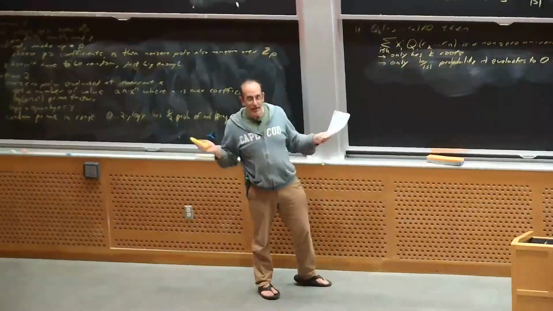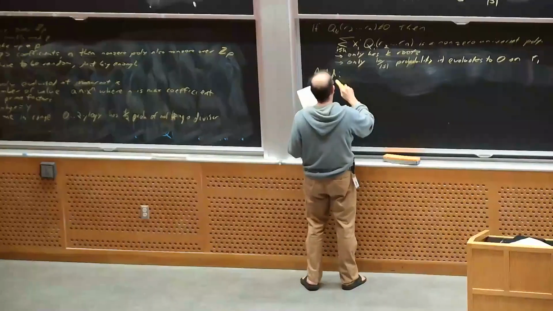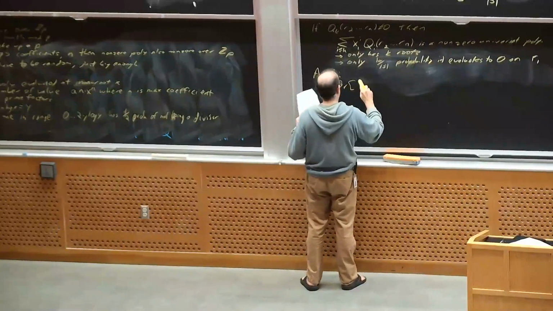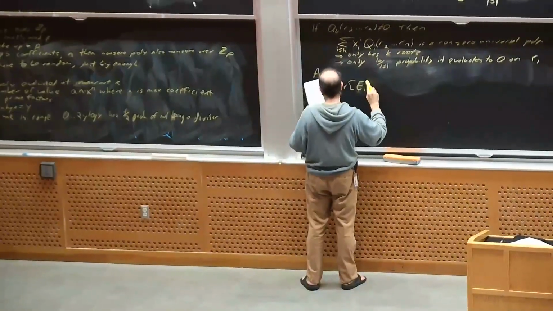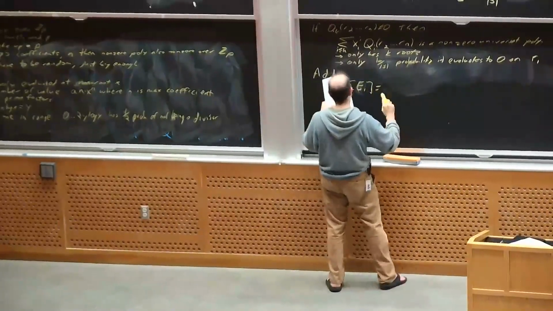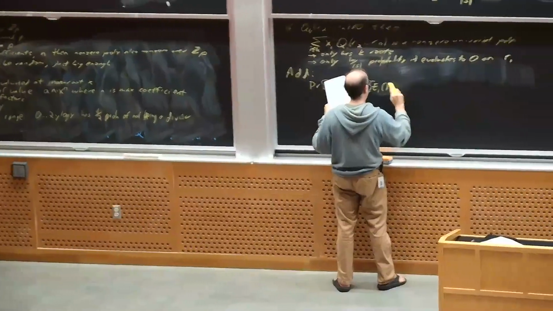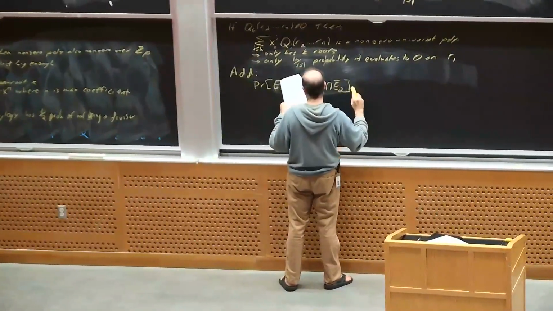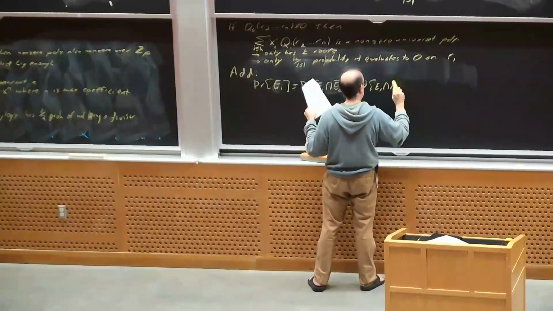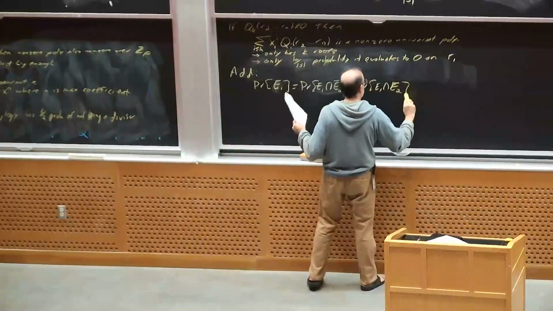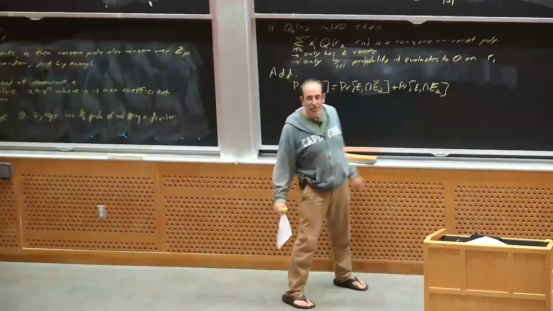Okay, wait a minute. Why can I add them? Let's just check that. Let me write it with some general events, and then we'll fill in which events we're talking about. If I wanted to check the probability of some event E1, conditioning on some other event E2, I can break out the event according to whether E2 did or did not happen.